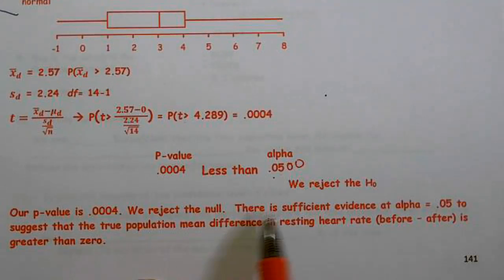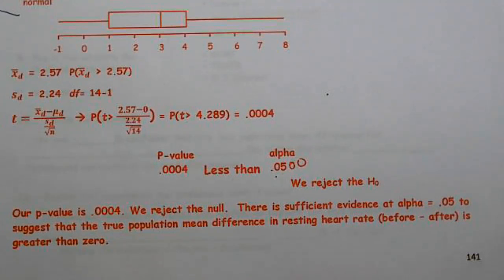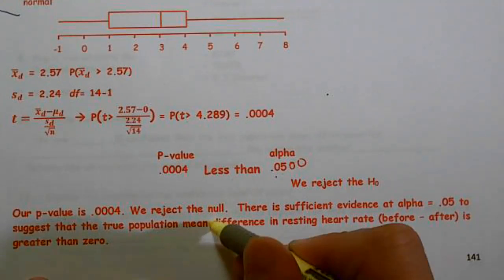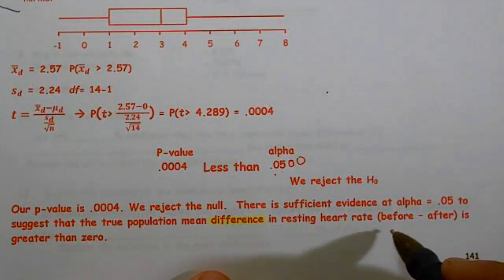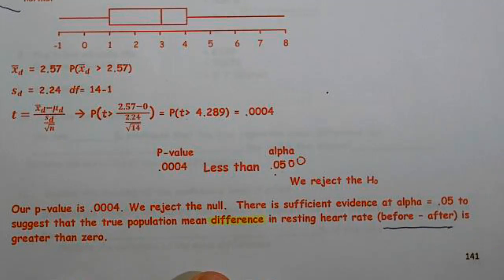We reject the null. There's sufficient evidence at alpha equal 0.05 to suggest that the true population mean difference, don't forget the word difference, in resting heart rate before minus after, and we always have to say which way we subtracted, and we subtracted before minus after, is greater than 0.